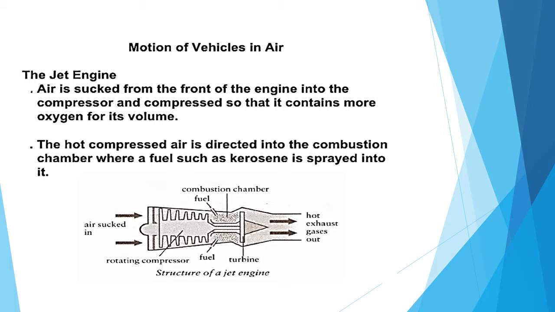So the compressed air is directed into the combustion chamber, where a fuel such as kerosene is sprayed into it, so it will cause the burning inside the combustion chamber. So when the fuel burns, the hot exhaust gases go out through the turbine, right? The turbine rotates, and the hot exhaust gases are out.